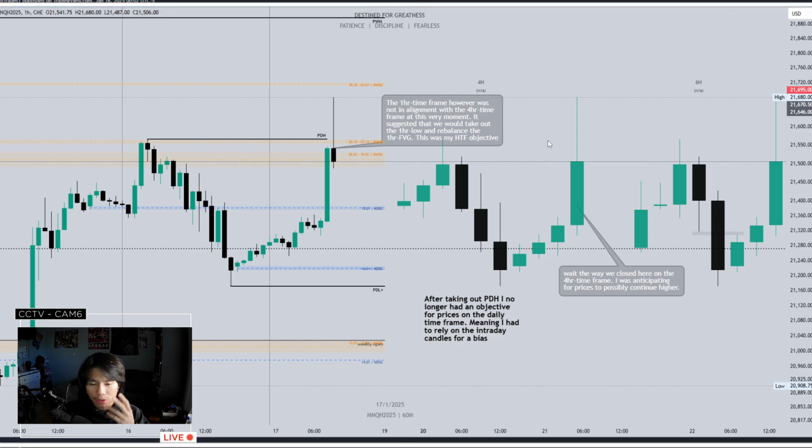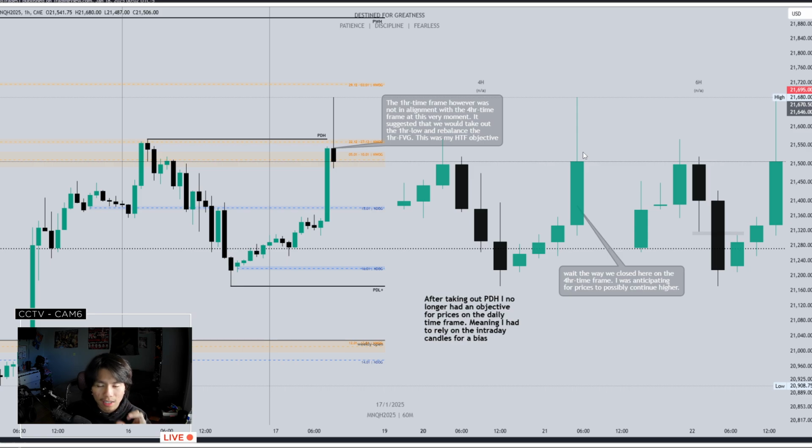So now I'm thinking, wait, the 4 hour order flow is telling us that we could possibly continue higher, but the hourly time frame, at that specific time, is telling me that we're going to continue lower to rebalance an inefficiency. So I can no longer use the 4 hour time frame.